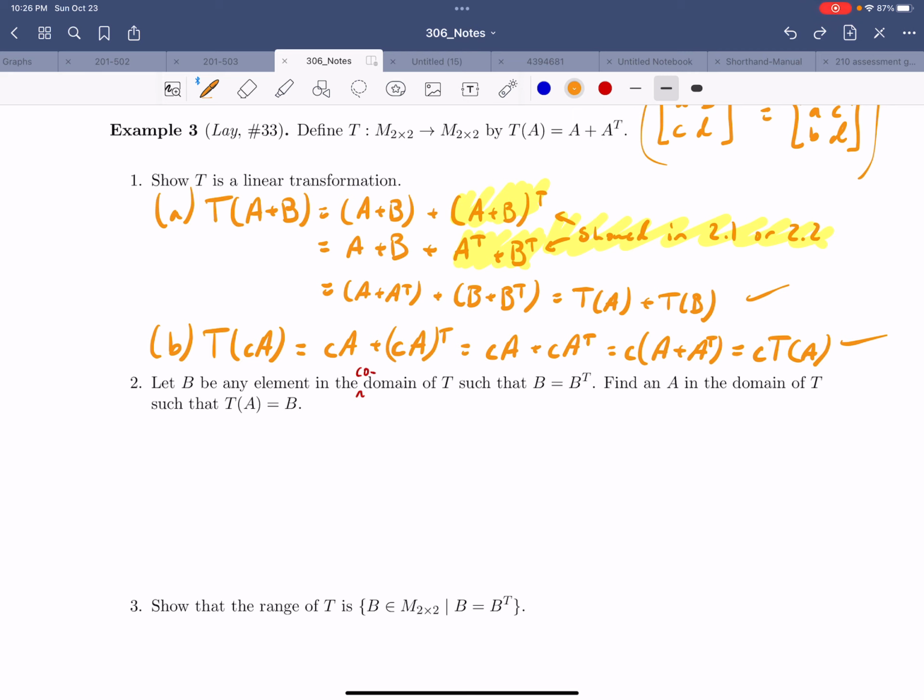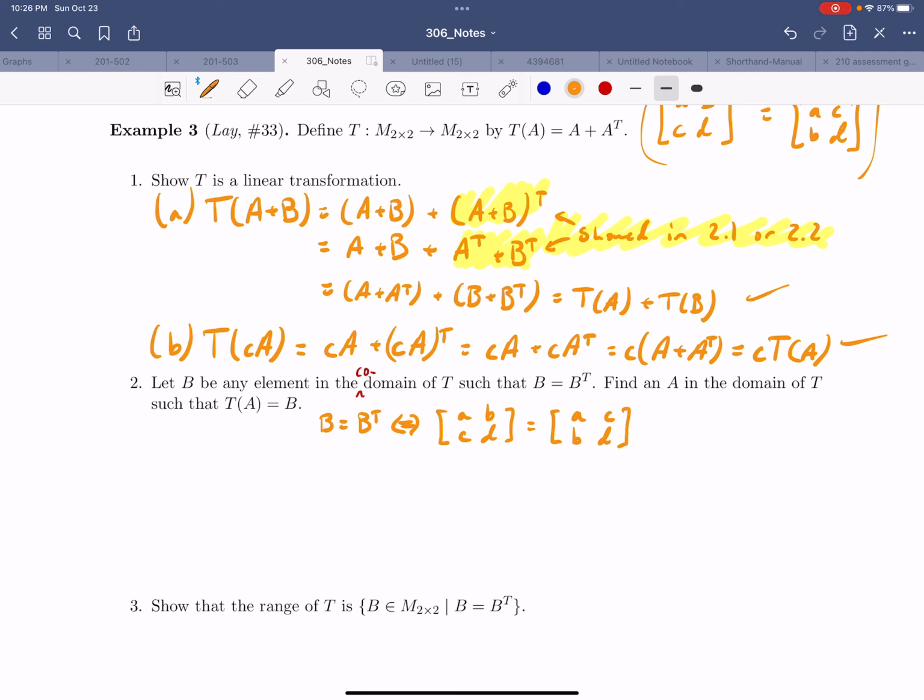Okay, so B equals B transpose means, I should say implies, or is equivalent to saying that [A, B; C, D] equals [A, C; B, D].